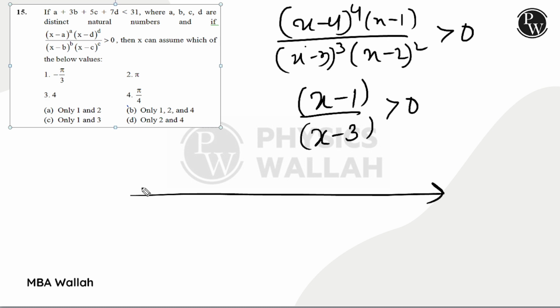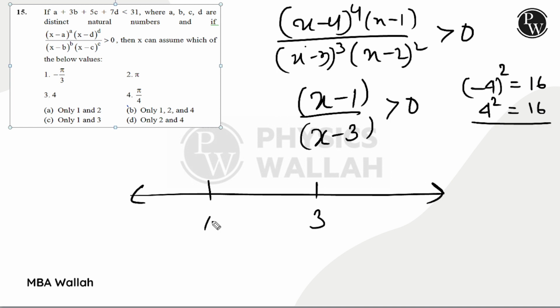So we will just put 1 and 3, and remember why we do not put 4 or 2 in this expression. Simply because minus 4 squared will give me 16, and 4 squared will also give me 16. So for 4 or minus 4, the even powered terms will not help me predict the sign scheme.